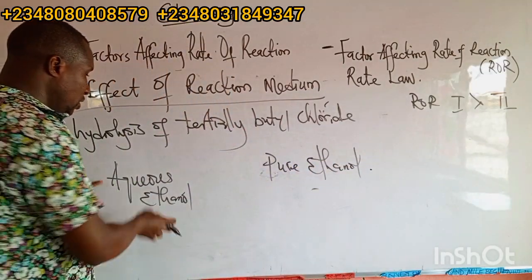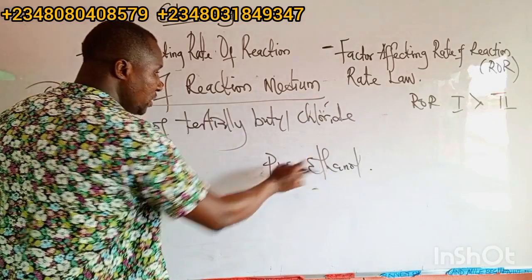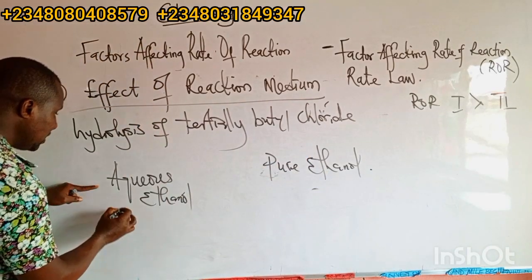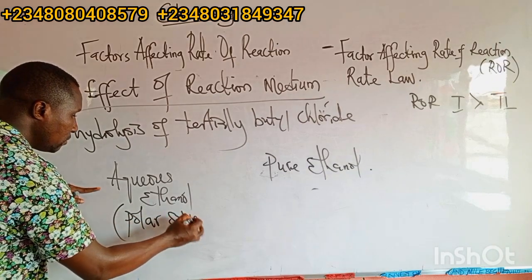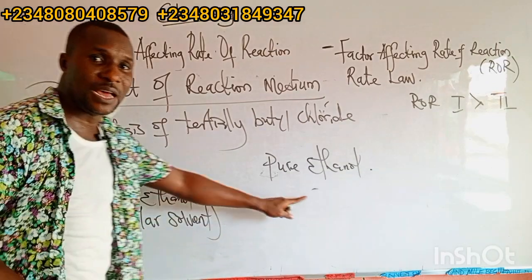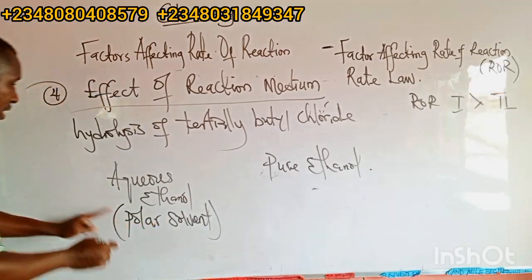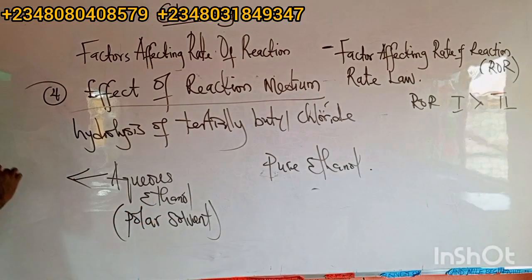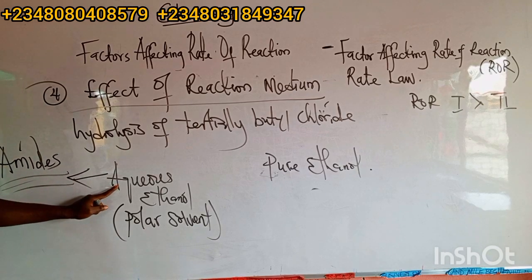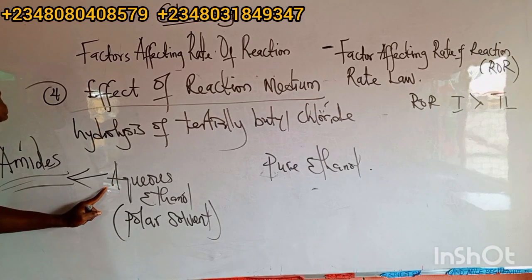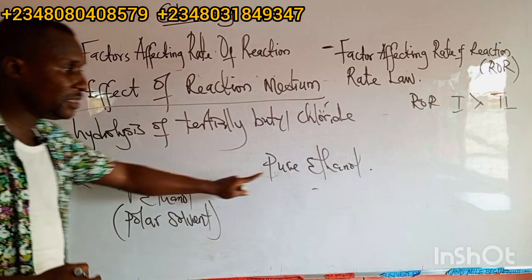Look at this. This is aqueous ethanol, pure ethanol. Aqueous ethanol is a polar solvent. It's more polar than pure ethanol. Why? Because aqueous ethanol contains water, which makes it polar, and have higher polarity than pure ethanol.